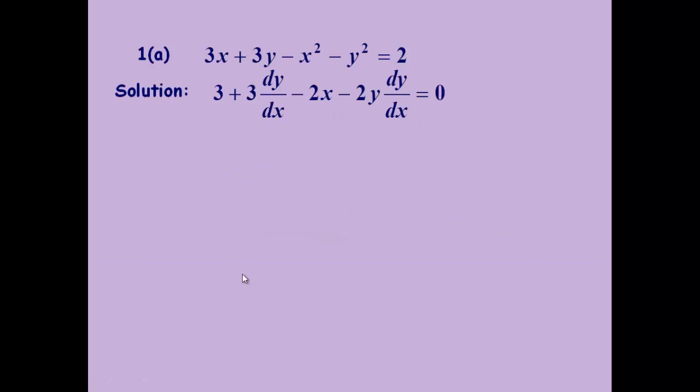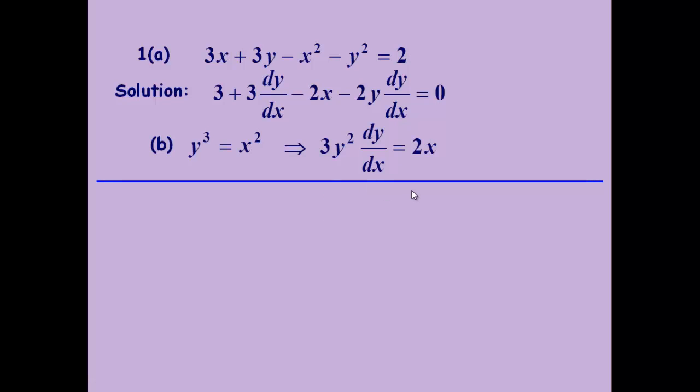So hopefully not too bad. We know that 3x differentiated with respect to x is 3. 3y differentiated with respect to x, where we get the 3 from d of 3y over dy and the dy dx bit. Minus x squared, simple. Minus y squared, we get the minus 2y part and that dy dx bit, and then 2 differentiates to 0.